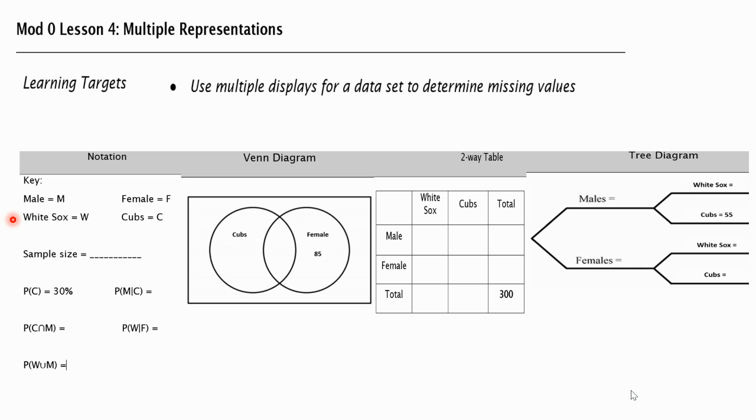So we've learned so far this module notation and getting probability, Venn diagrams, two-way frequency tables, tree diagrams, and now we're going to see a scenario where we're given different values within these diagrams, and we have to use that almost as a puzzle to finish and find all the values that are missing.